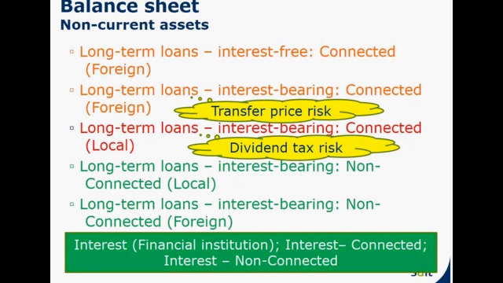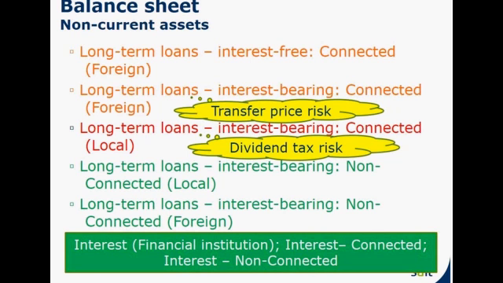So to go back to the previous slide, at the bottom, if you have the official rate, versus your actual interest paid, even though it was an interest-bearing loan, you might be sitting with a deemed dividend. Then in green, there shouldn't be a big risk: your loans that are interest-bearing to non-connected persons, either local or foreign.